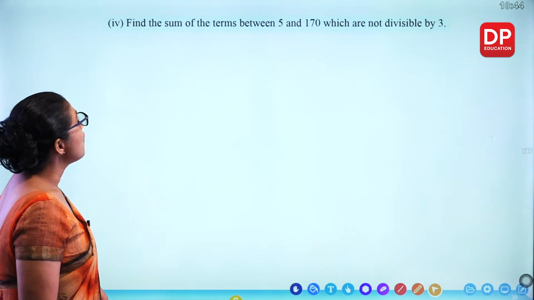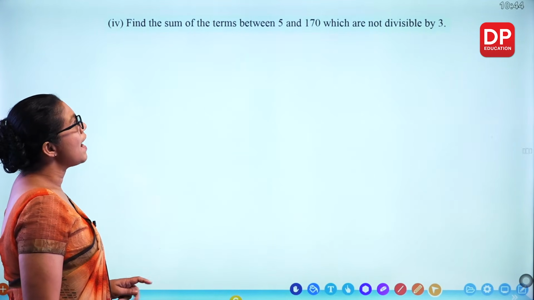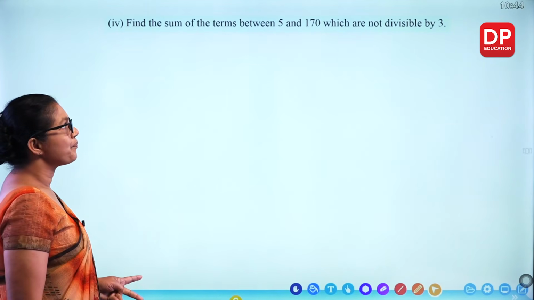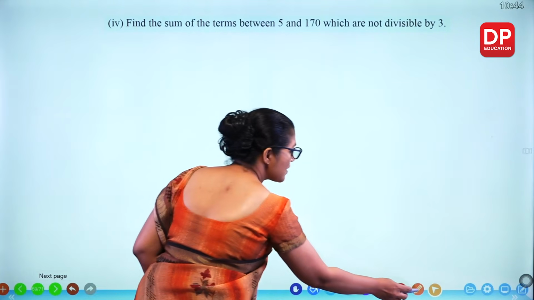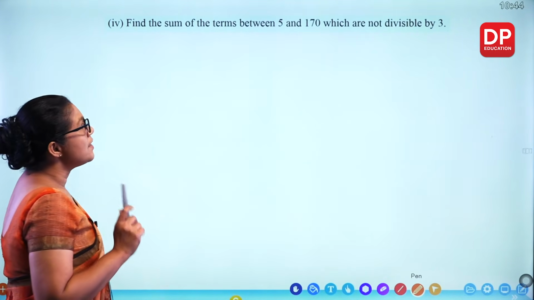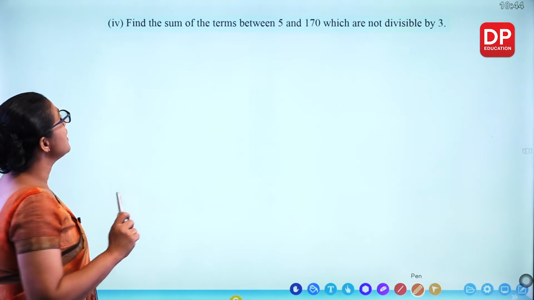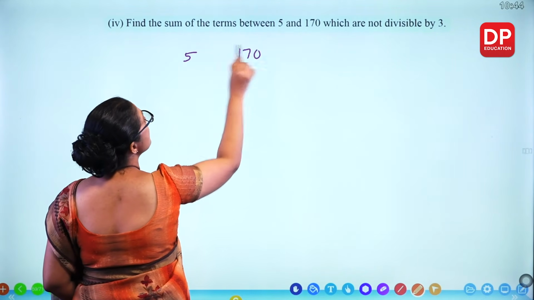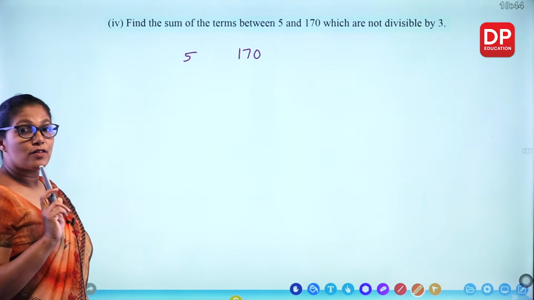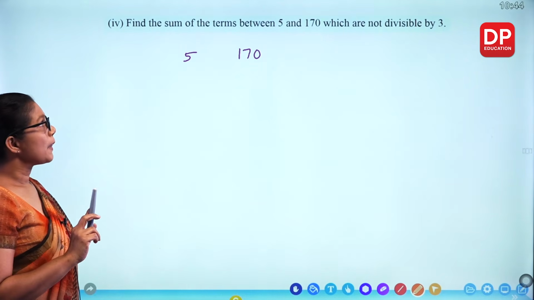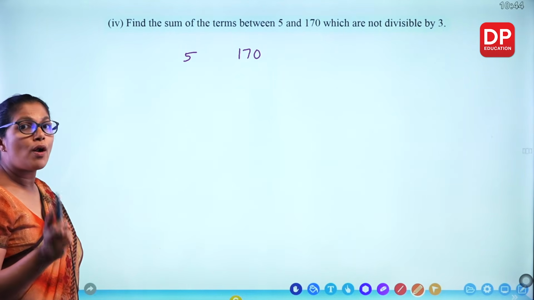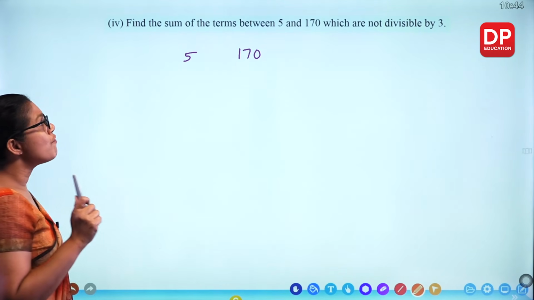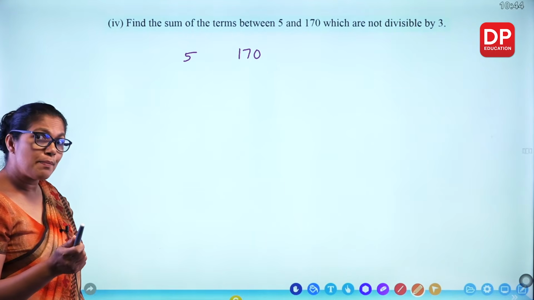Part 4. Find the sum of the terms between 5 and 170 which are not divisible by 3. So in this case, the numbers are not divisible by 3 and in between 5 and 170. What we can do is find the sum of all numbers and subtract the sum of all numbers divisible by 3.